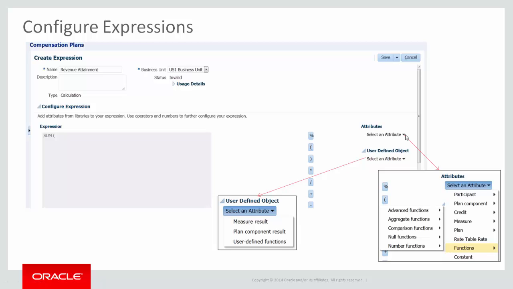And it allows us to pull attributes or advanced calculations based on a myriad of things that are available to us based on the data model that underlies incentive compensation. We might bring in information directly off some of the attributes collected from the transactions, or maybe attributes stored at the participant level, maybe based on their job level or based on their salary amount. So it really is this window into the database that allows us to do some really complex mathematical calculations. And that's all done through the expression builder when we're configuring the expressions.